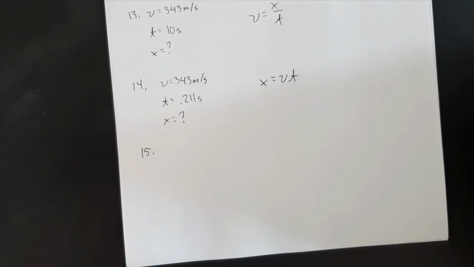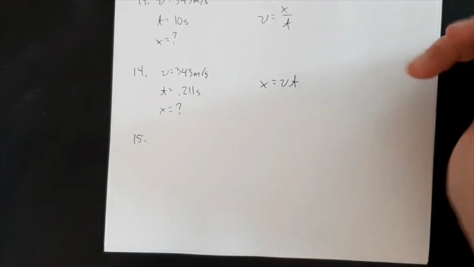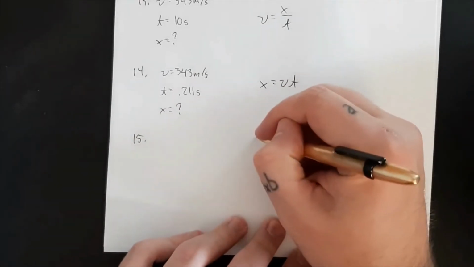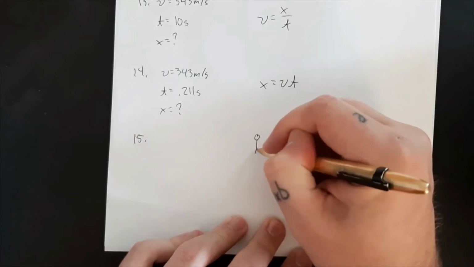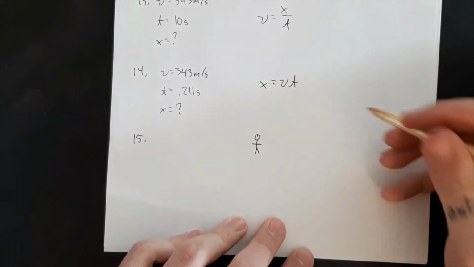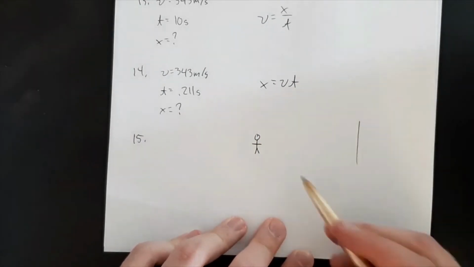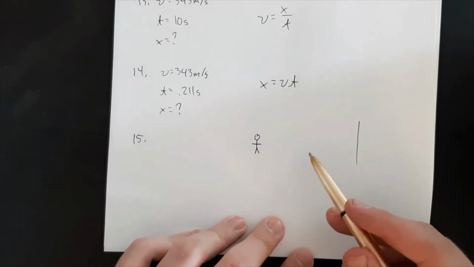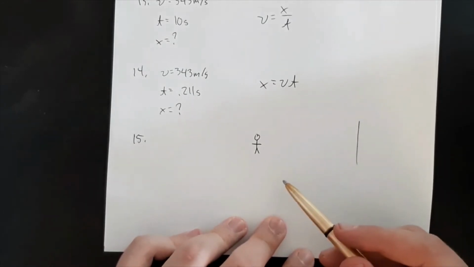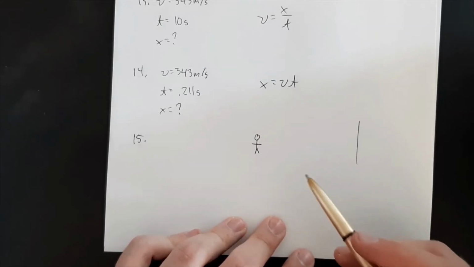Now this one, echoes, you need to be careful with echoes and reflections. If we're thinking about Bjorn shouting at a wall, here's Bjorn, here's our canyon wall. If we're thinking about this wave traveling, it told us that it took 2.5 seconds for him to hear his echo.